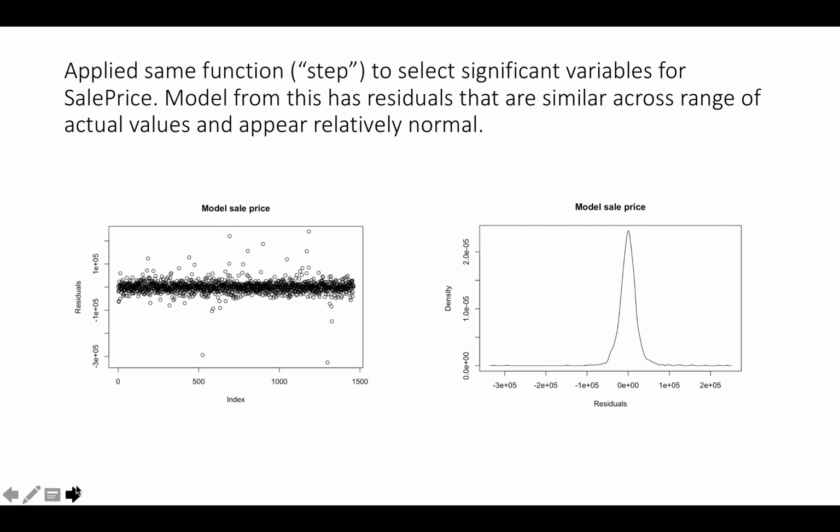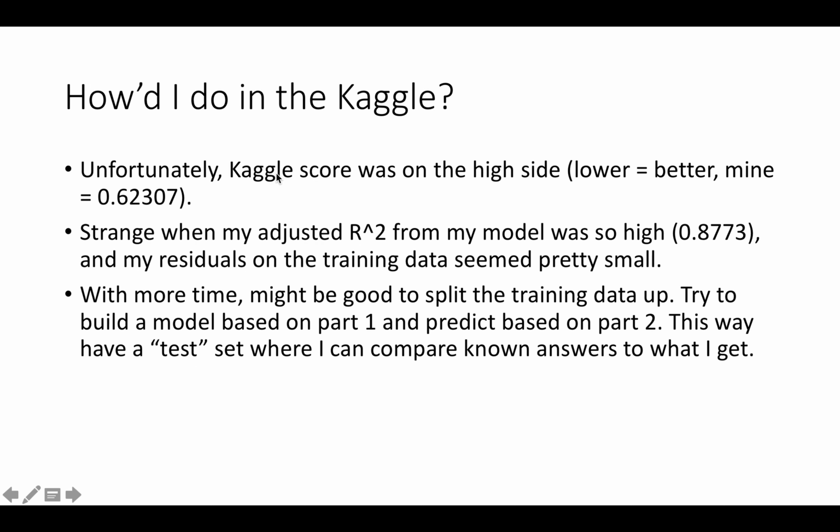So then the question was, how did I do in the actual Kaggle competition? So actually didn't do so great in the Kaggle competition. So the previous plots I showed were on the training data, and then you have the test data. So my Kaggle score was actually quite high. You want a lower Kaggle score.